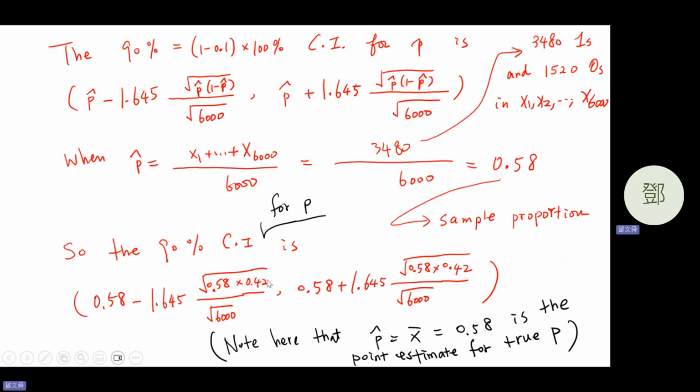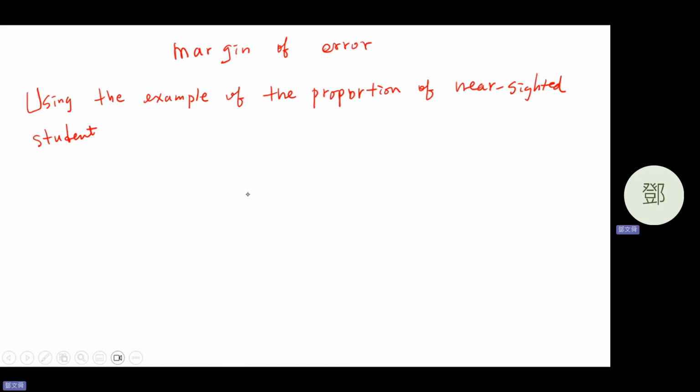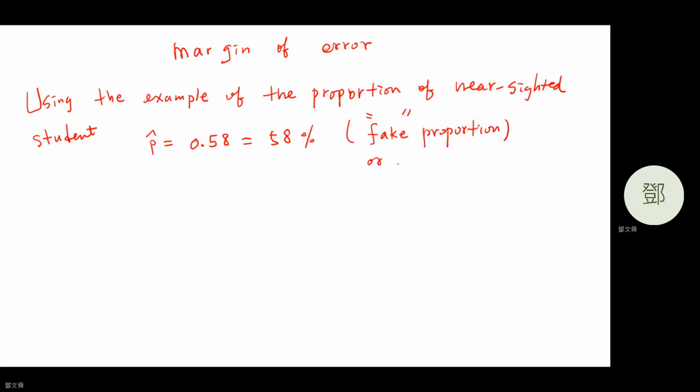The proportion is 0.58, or you can say 58% of the students are nearsighted. This is the fake proportion, or estimated, not the true value.